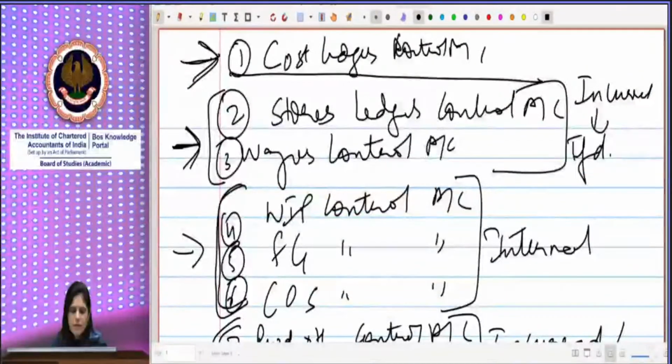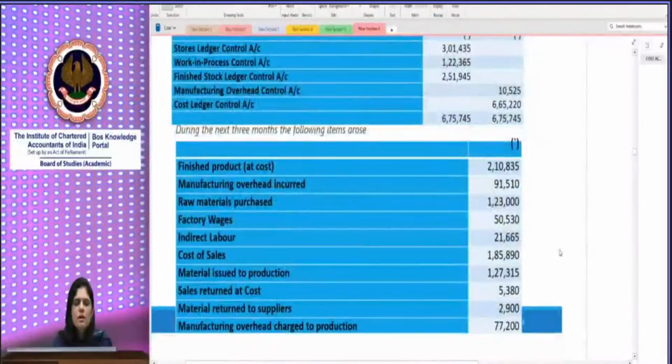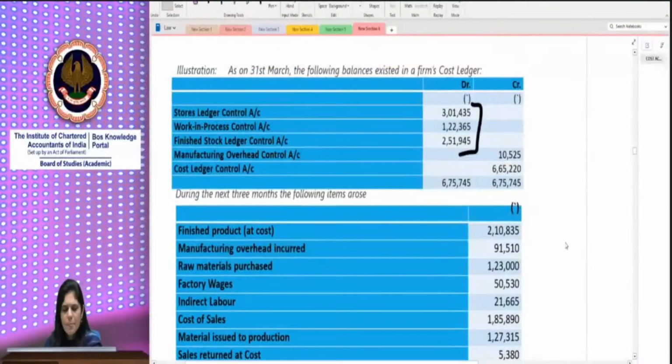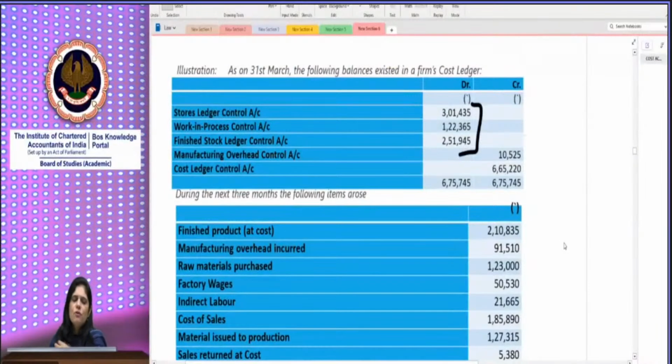Now let's start. So students, first of all, stores ledger, work in progress and finished goods are the stock accounts. So they have the opening balances, which are debit balances. And then the overheads control account, the balances there, because overheads are always under absorbed or over absorbed. So there will be some balance in the overheads, or we can transfer it to costing profit or loss account also. And cost ledger control account, see, these are the three debits and this is one credit.